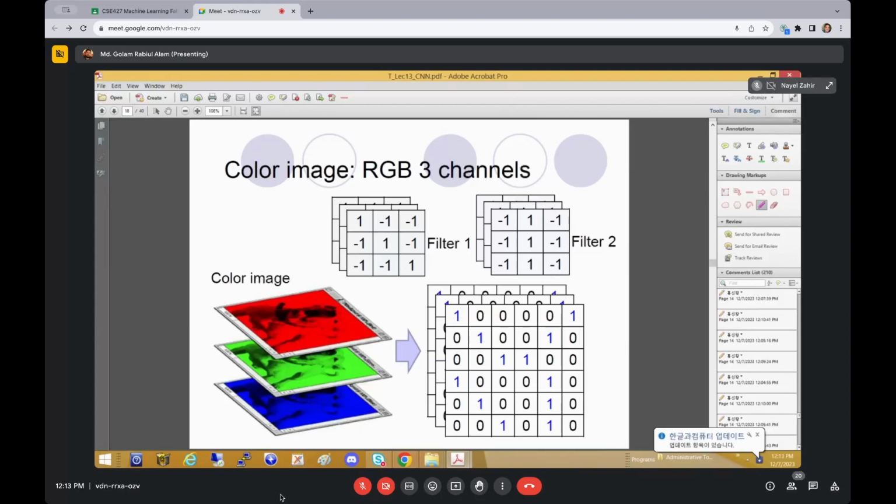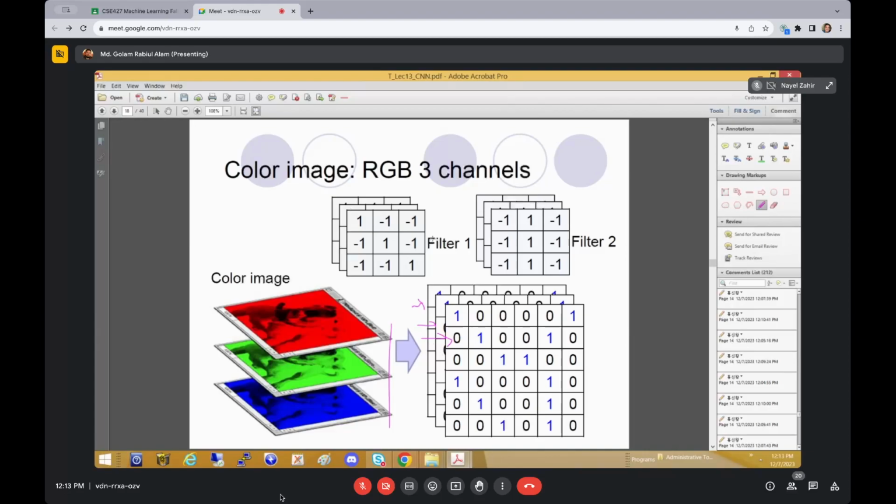For the same image we have three channels, and for each channel we will get different values. This panel is for red, this panel is for green, and this panel is for blue.